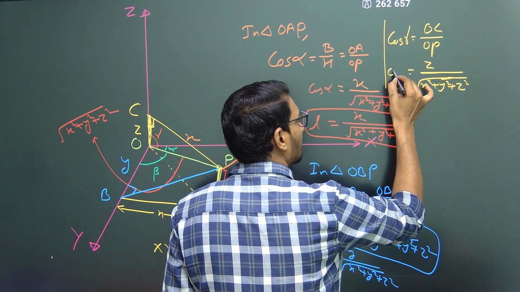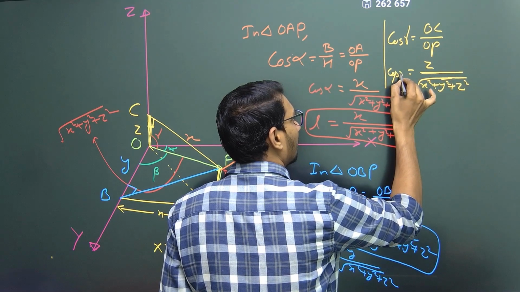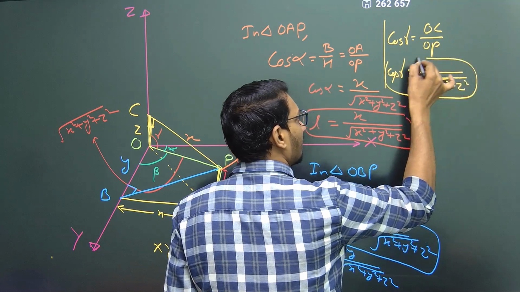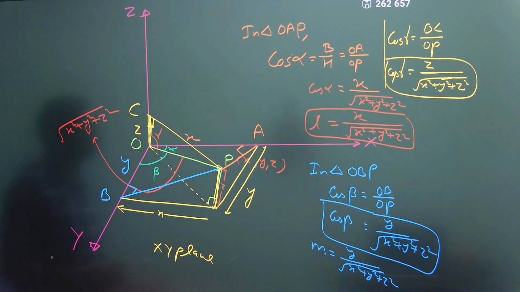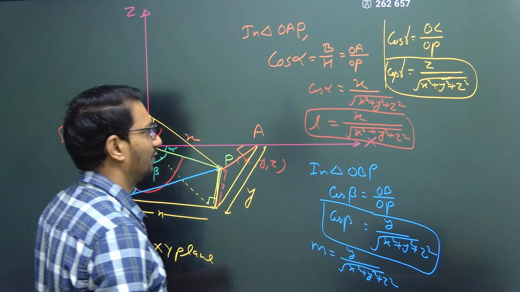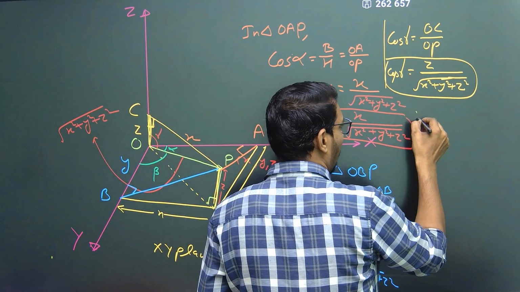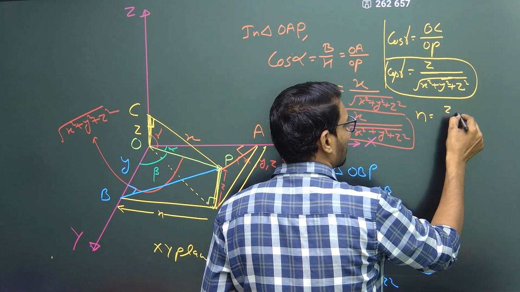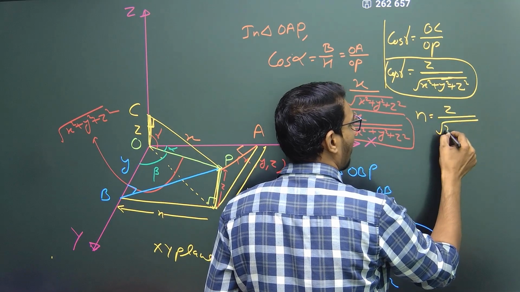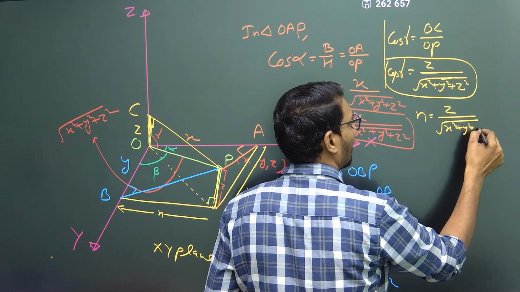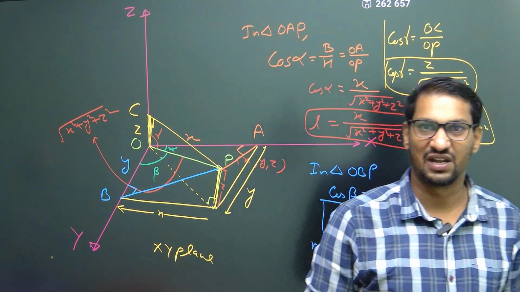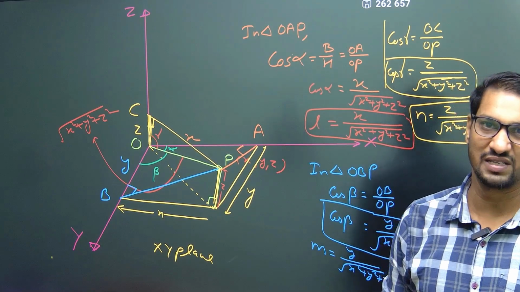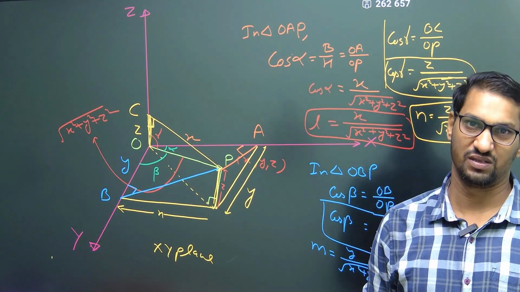So cos gamma is equal to z upon square root of x square plus y square plus z square, and this is also n. So n is nothing but z upon square root of x square plus y square plus z square. In this manner we can find out the direction cosines of a vector OP.